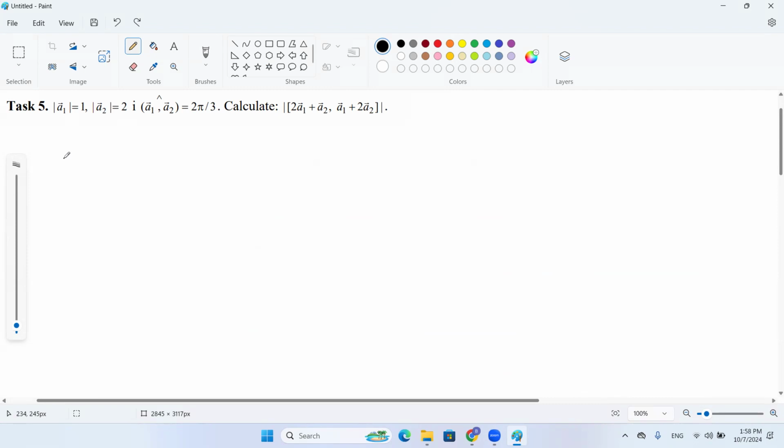So by the way, if we know their modules, and if we don't... by the way, not cross product, but vector product, and cross product. So just let me look into the literature.